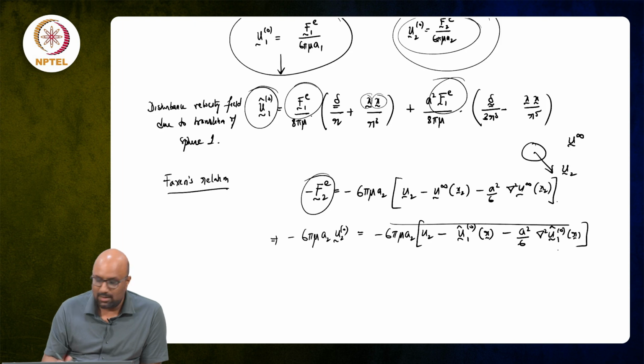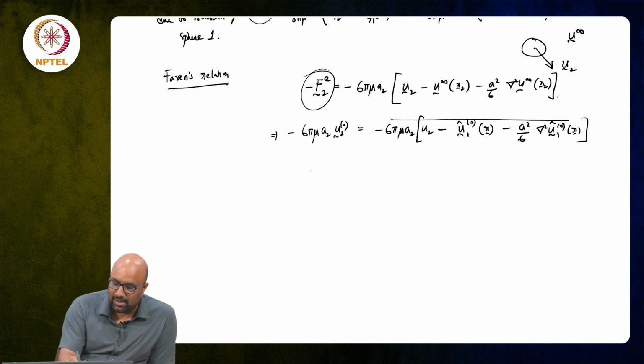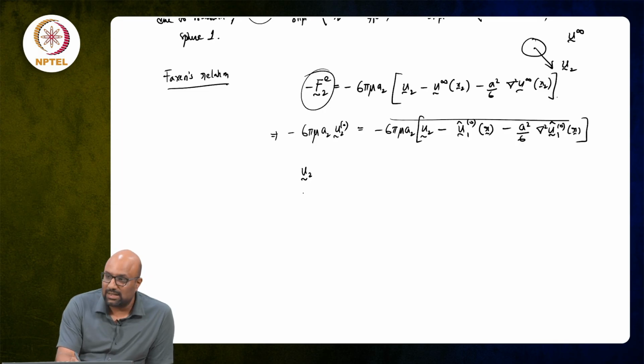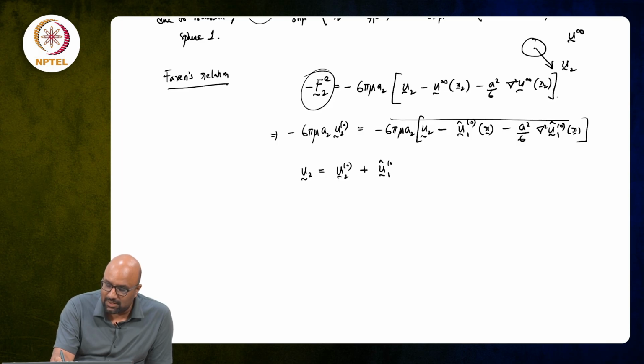Is that okay? So, what you are saying right now is that u2, the translational velocity of sphere 2, is u2 0 plus u1 of 0 at r plus a square by 6 del square u1 of 0 at r.